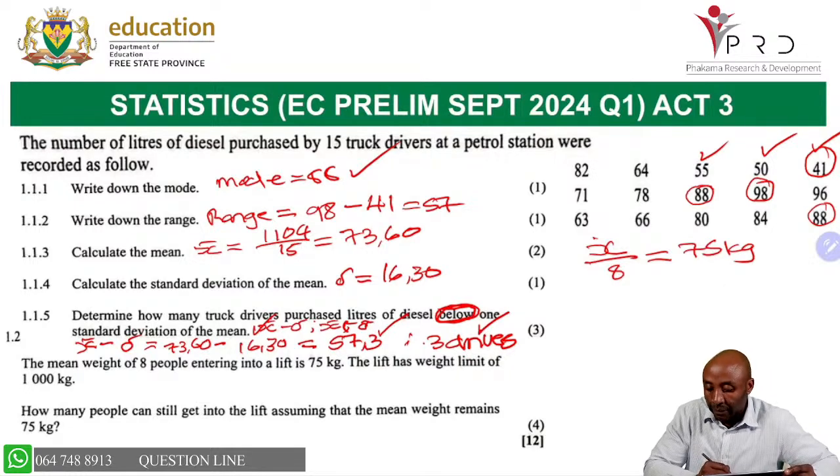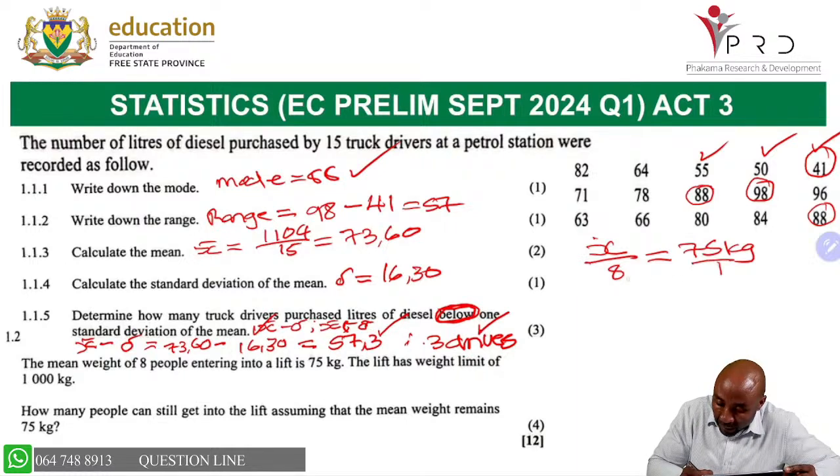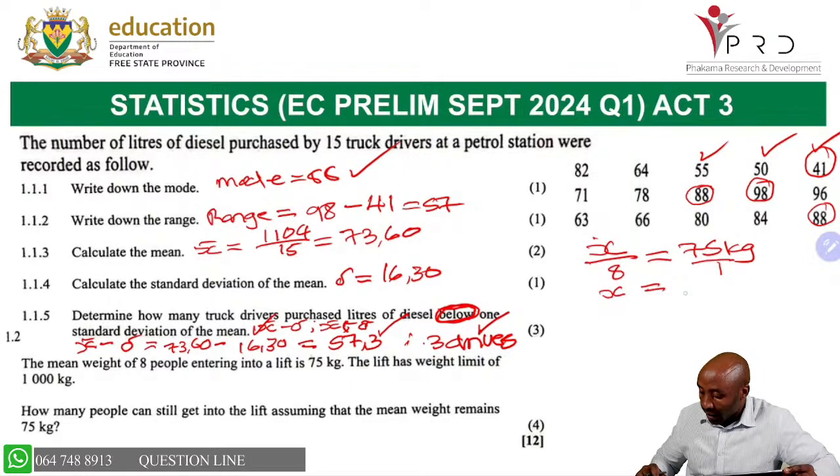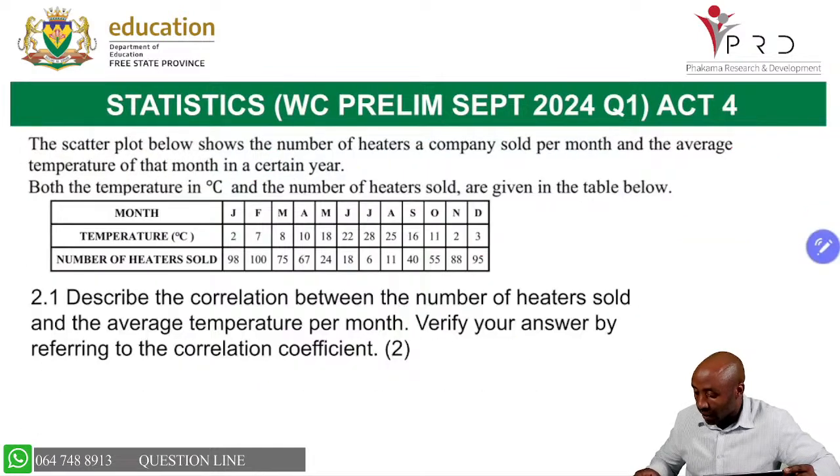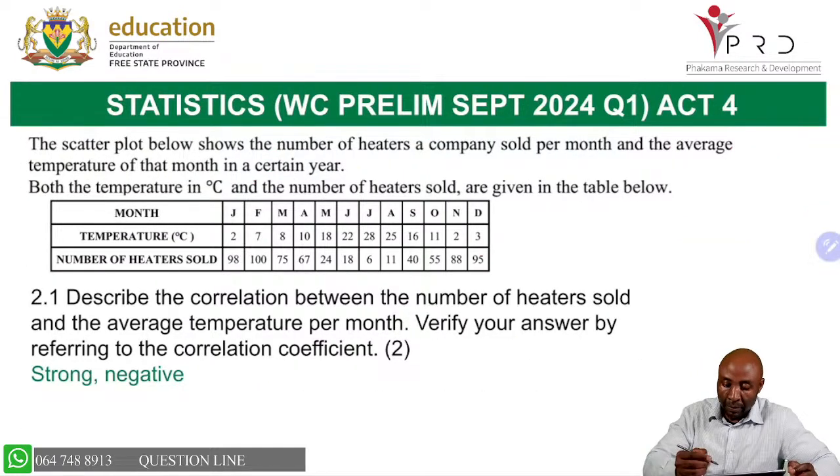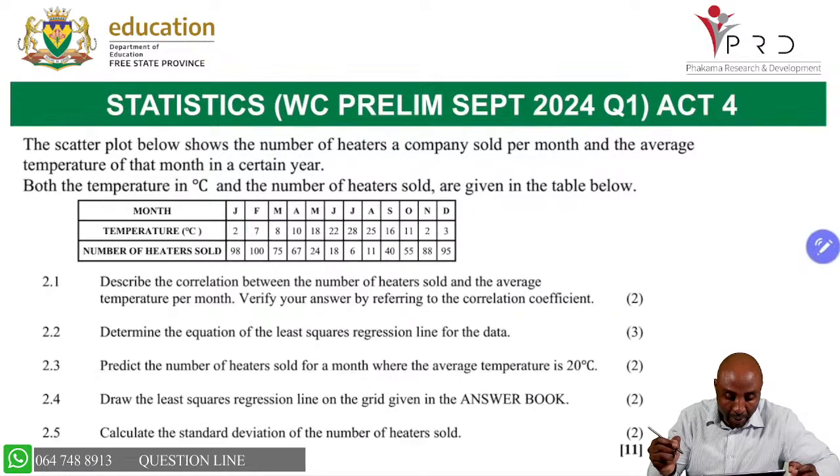Now, from there, if I cross multiply, it means the weight of these people becomes 8 times 75, and 8 times 75 should give us, sorry about that, let me quickly go back.